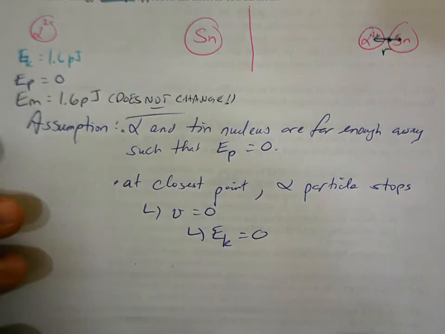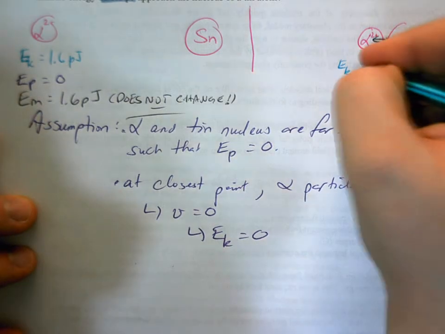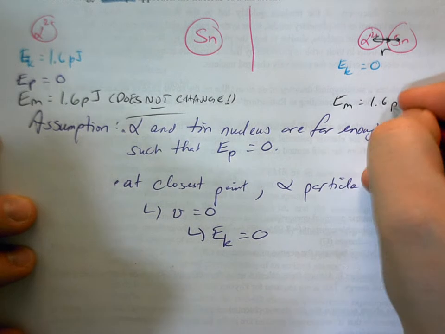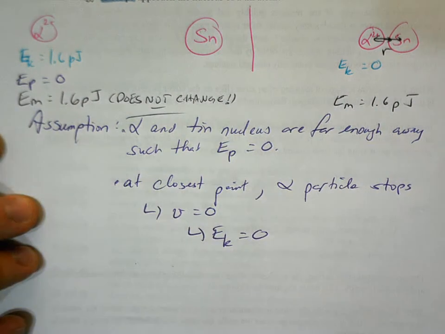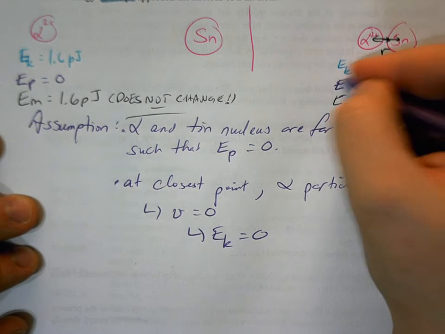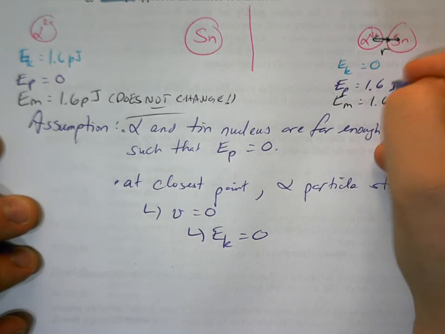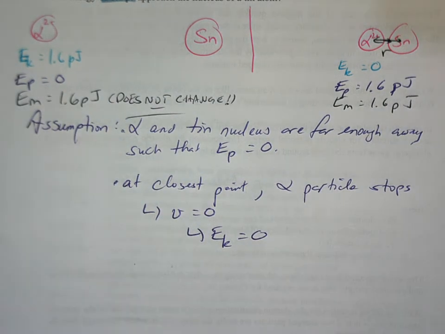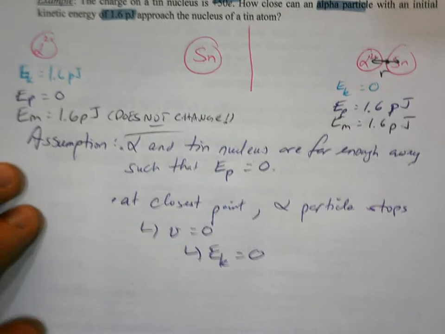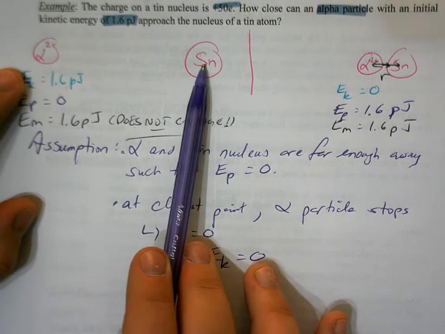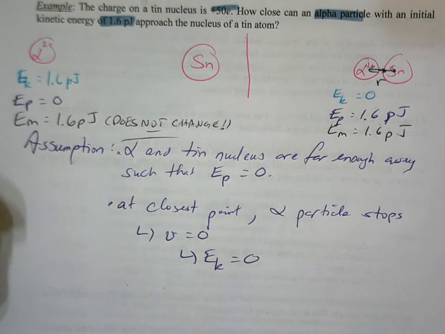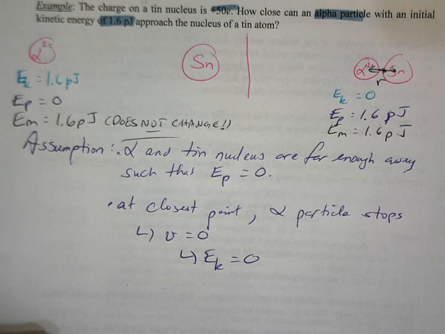Since the mechanical energy is not changing, it's that 1.6 picojoules, so at closest approach the potential energy between the tin nucleus and the alpha particle is 1.6 picojoules. As it gets closer, all of that kinetic energy is being converted into potential energy.